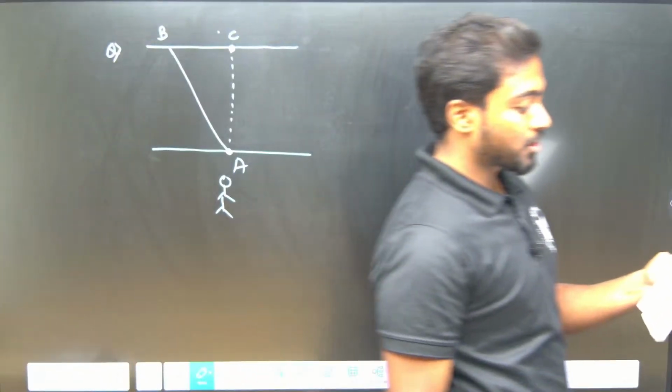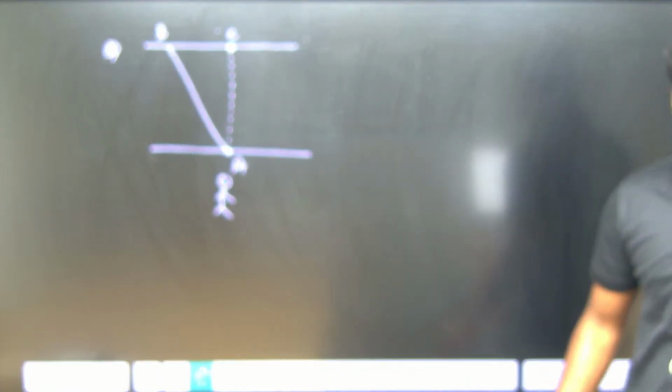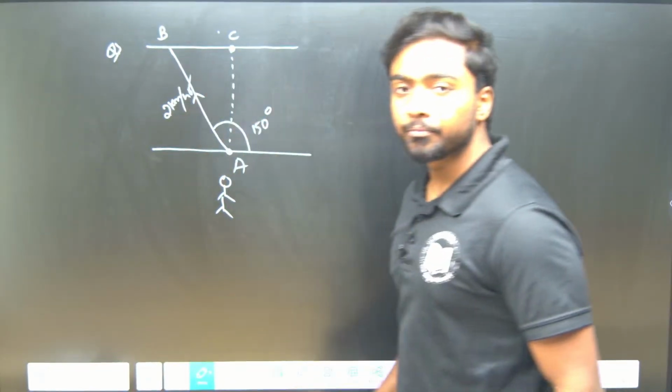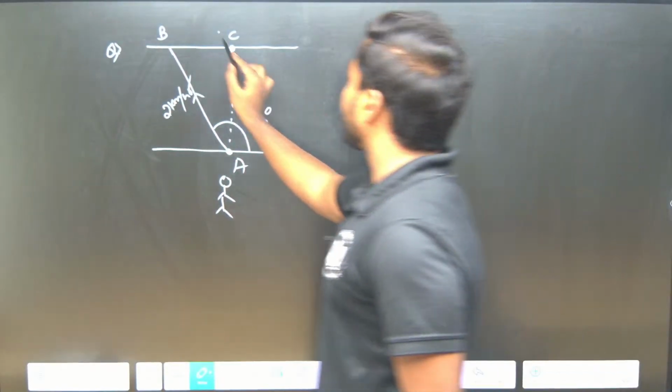Now come to the question. If he was swimming at 2 km per hour while maintaining 150 degree with the flow, this is the flow, okay.